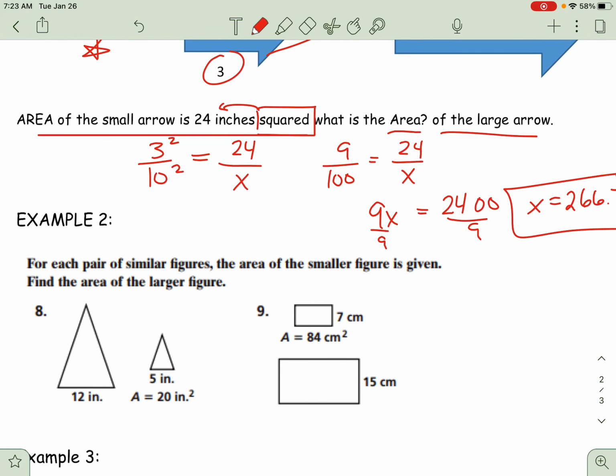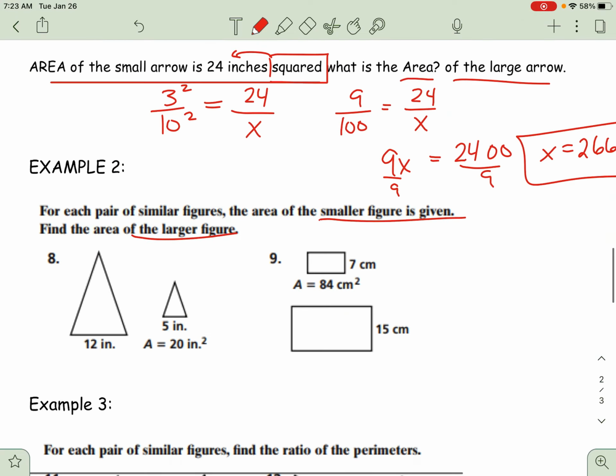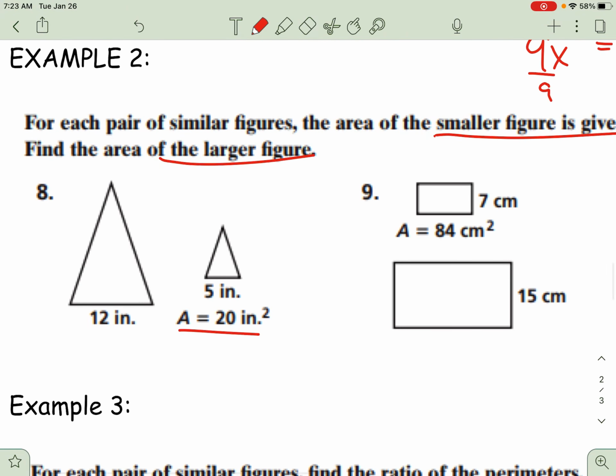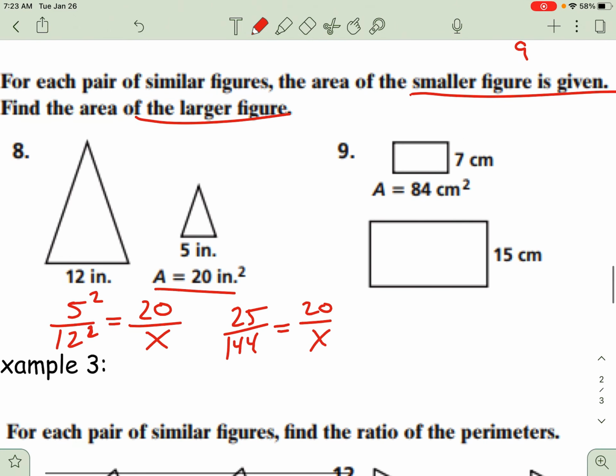All right, let's continue working through some of these examples. For each of the similar figures, the area of the small figure is given. Find the area of the large figure. So, area of the small figure is here. The ratio is this. Small figure is 20. What's the big one, right? So 25/144 equals 20/x.